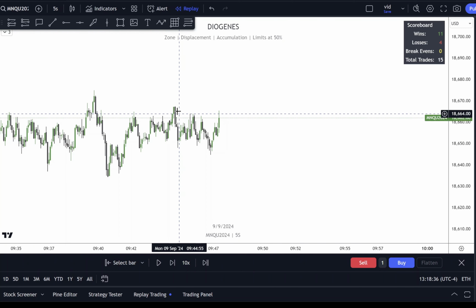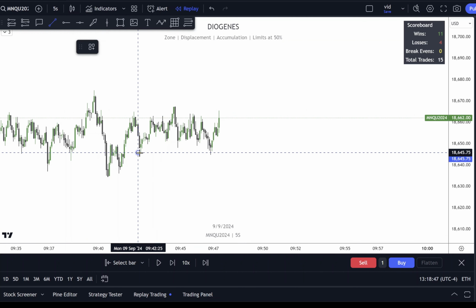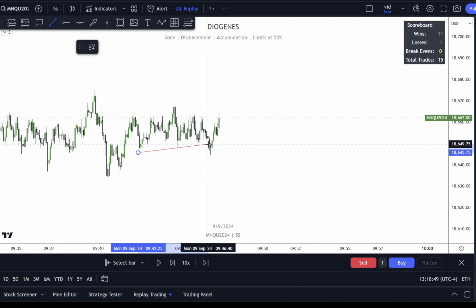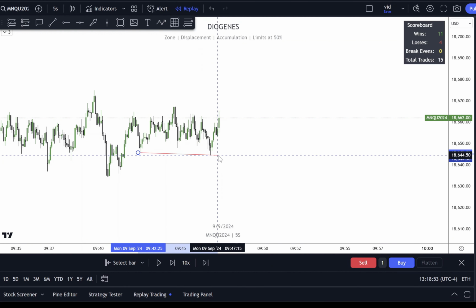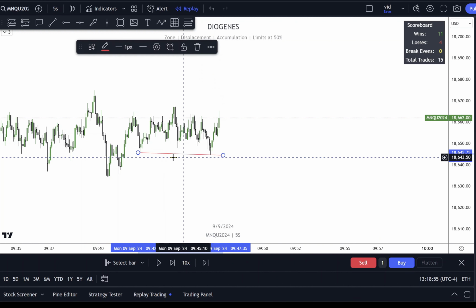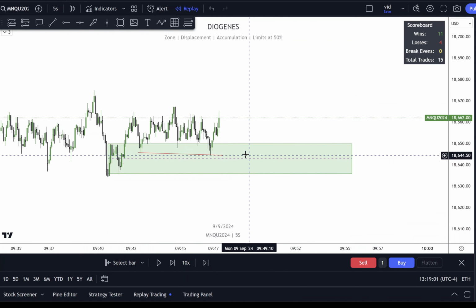So I went down to the 1 second in here, and I was seeing this as liquidity. We created this smooth liquidity, right? Price then created beautiful equal lows just above this unmitigated 50%.